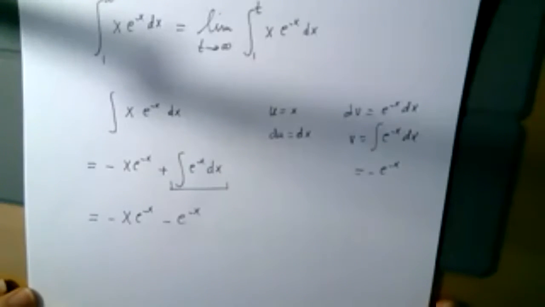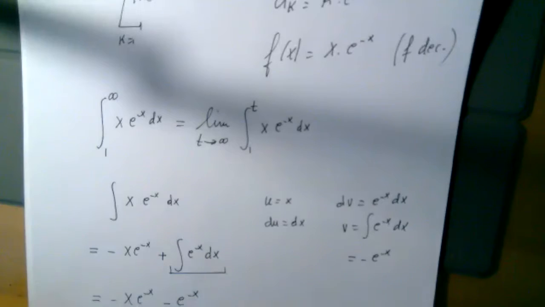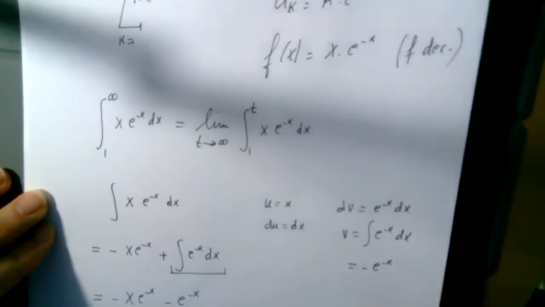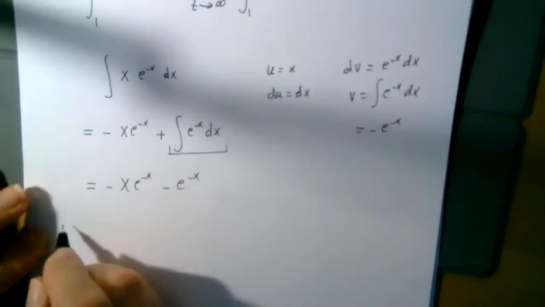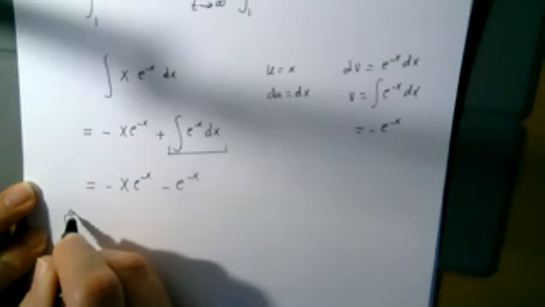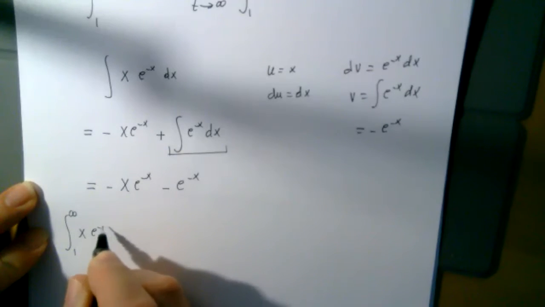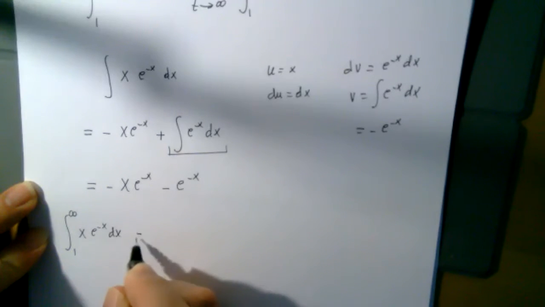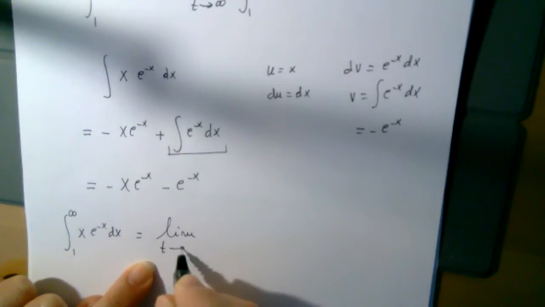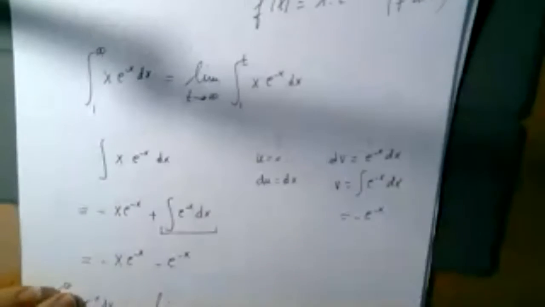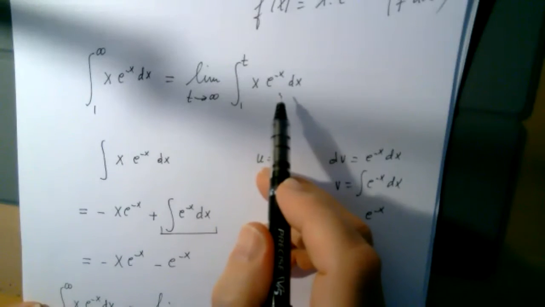So now it's just really simple integration. Now I'm going to go back and evaluate the improper integral. So the integral from 1 to infinity of x e to the minus x dx becomes the limit as t goes to infinity of the antiderivative evaluated between 1 and t.